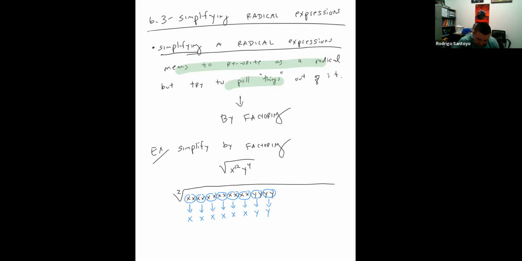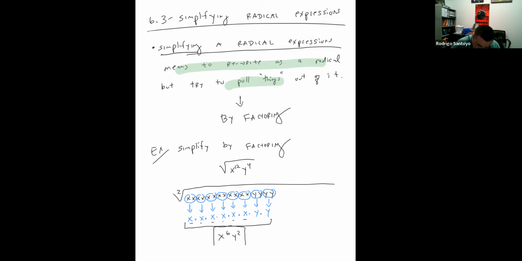And whatever we're left with, we're just multiplying them. Once we multiply that out, how many x's do we have? I see 1, 2, 3, 4, 5, 6. x to the power of 6, and I see 2 y's, y to the power of 2.